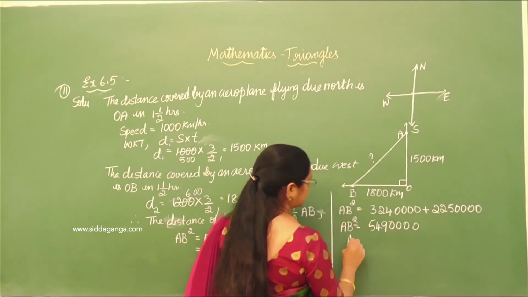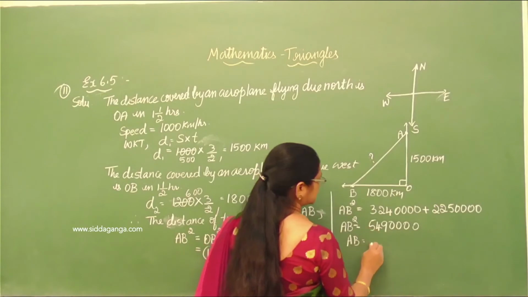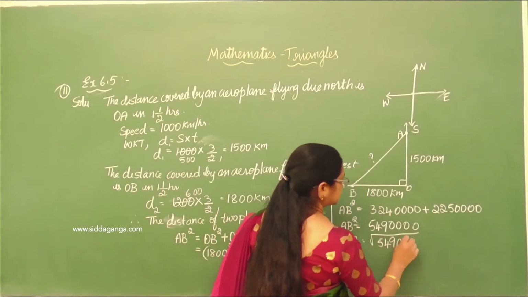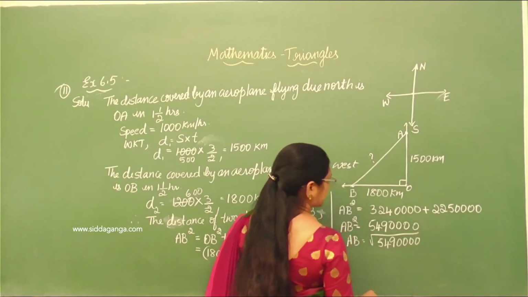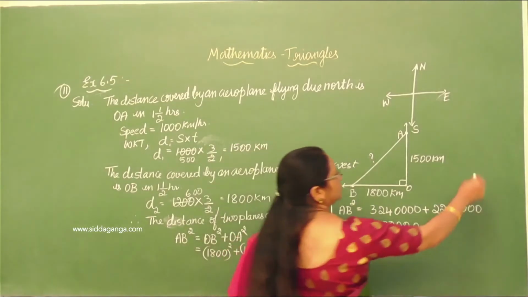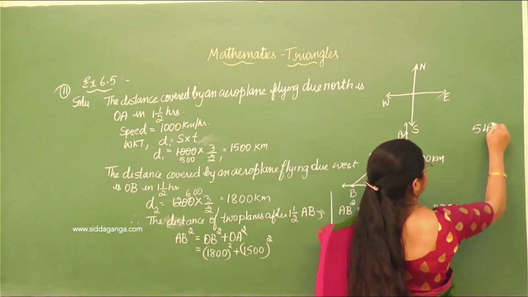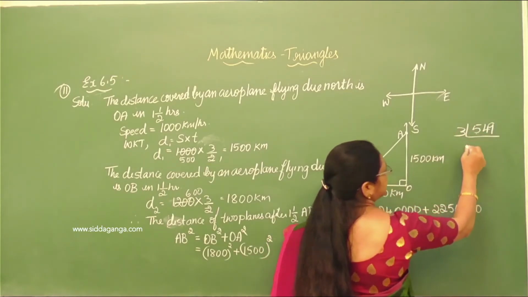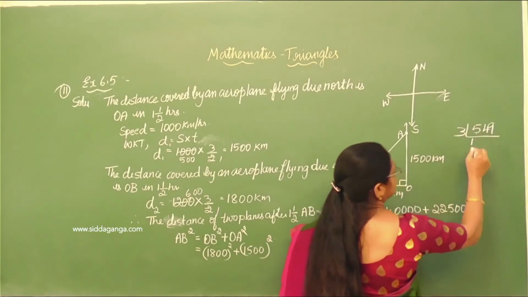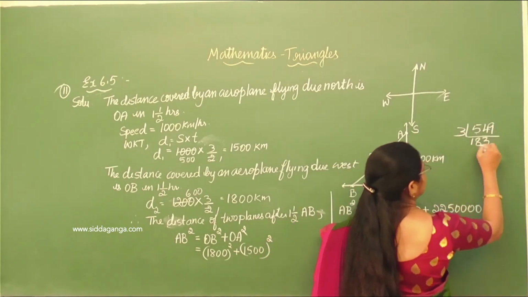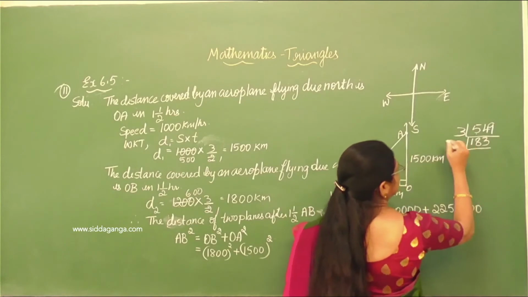Now how to find out AB? You all know it is the square root of 549,000. Now 549 is not a perfect square. So how to find out? You can find out the factors. 3 ones are 3, 3 fours... 3 sixes are 18.